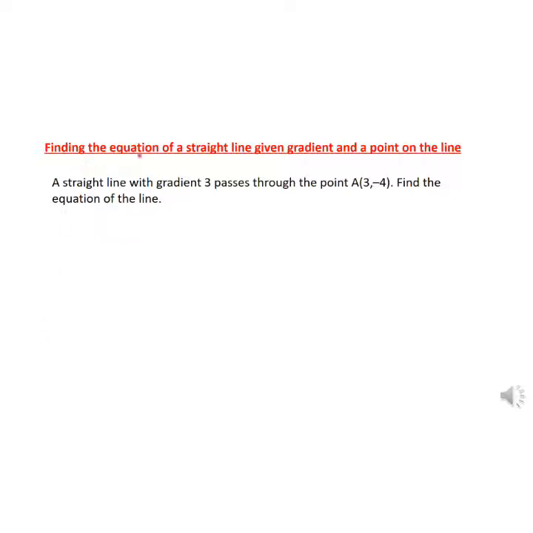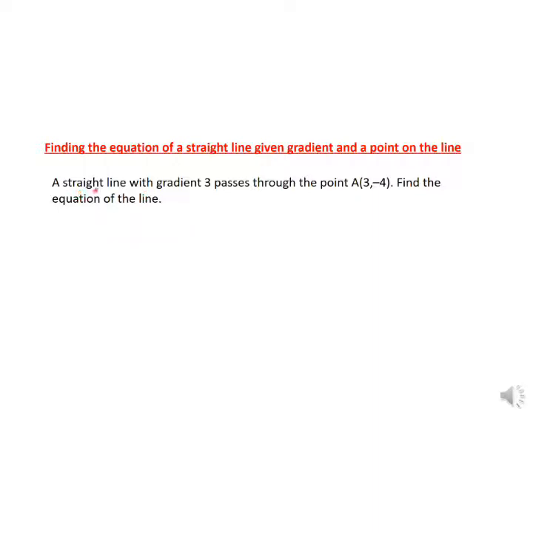Find the equation of a straight line given the gradient and a point on the line. Here we are going to study how to find the equation of a line where the gradient and a point of the line are given. Here I have an example.